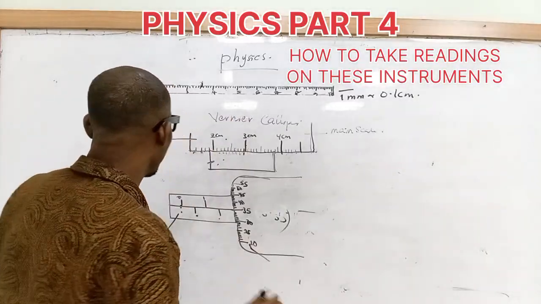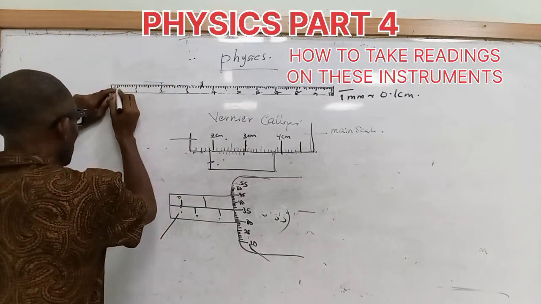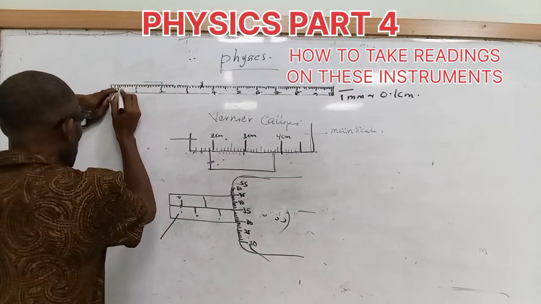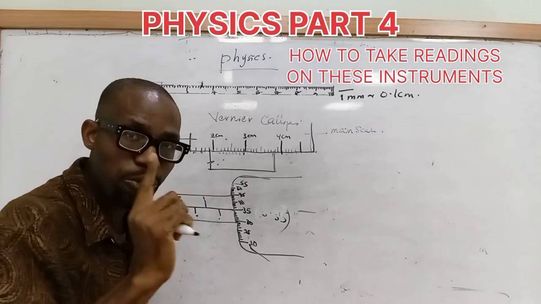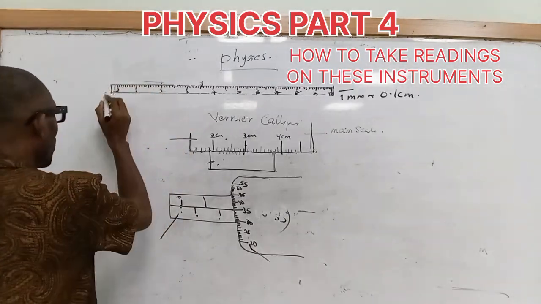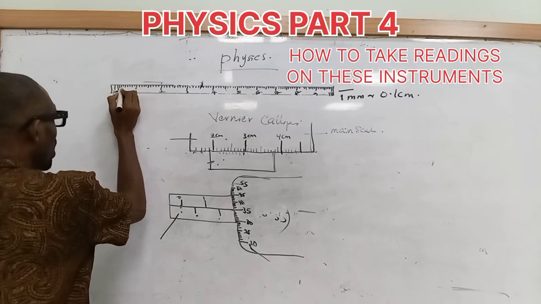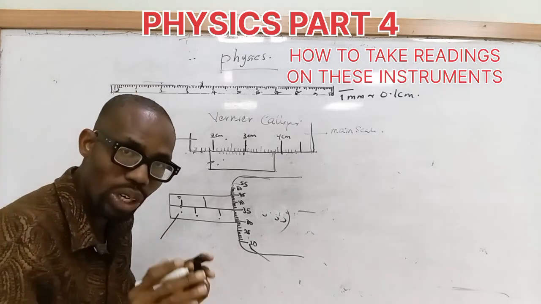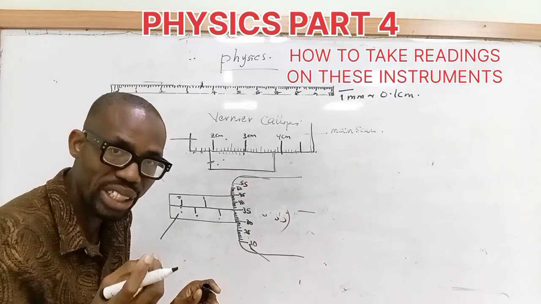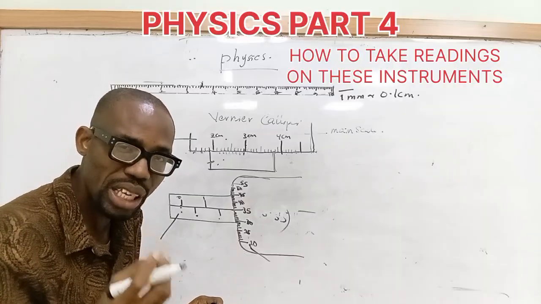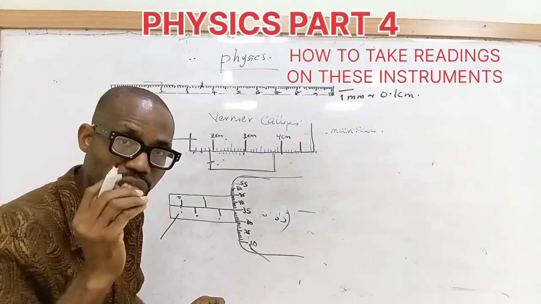The implication is that the difference between each graduation will be 0.1. So this is 0. The next one is 0.1, the next one is 0.2, 0.3. Let me break down why we say the smallest division of graduation of the meter rule is 0.1.